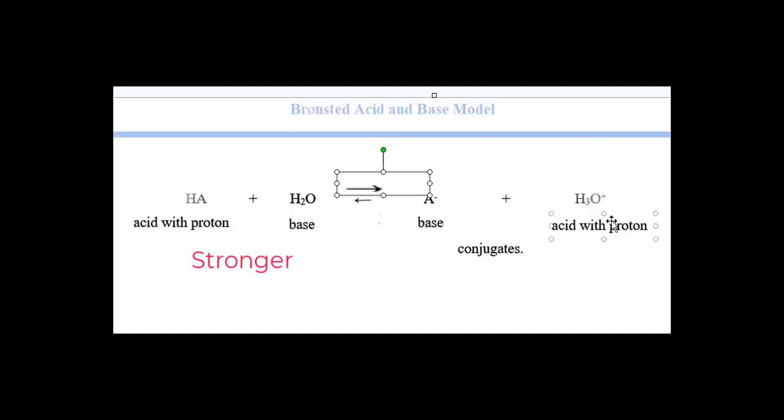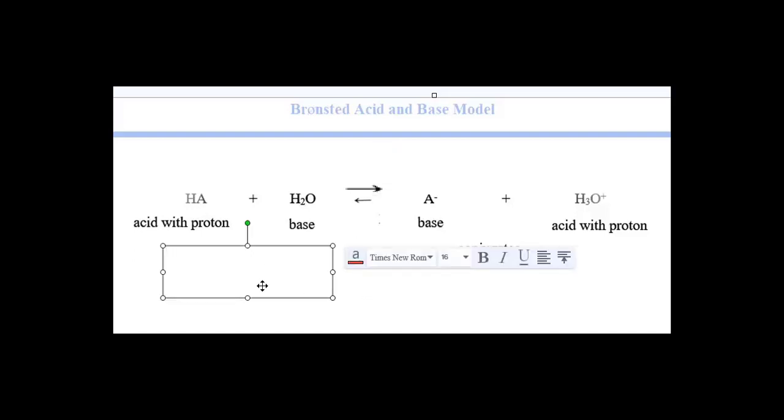And the base will be successful picking up the protons and convert itself into its conjugate base. As a result, the stronger acids, they'll always be together. That's the way it works out. If you identify the stronger acid, it will always be with the stronger base.